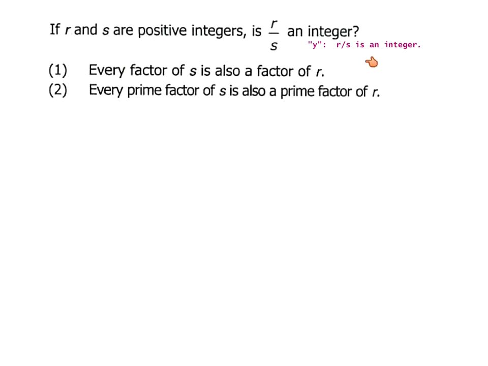If the quotient of two numbers is an integer, it means that S goes into R evenly, so same as saying R is a multiple of S. And no, R over S is not an integer, is the same as saying that R is not a multiple of S.